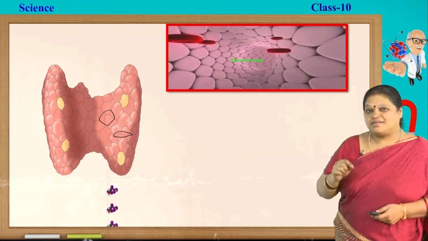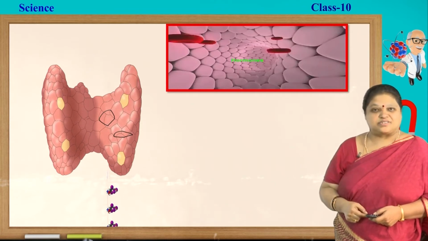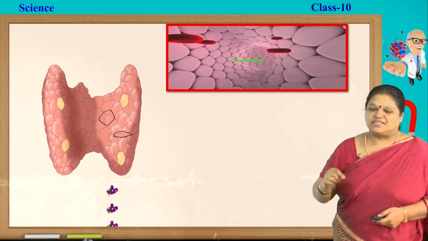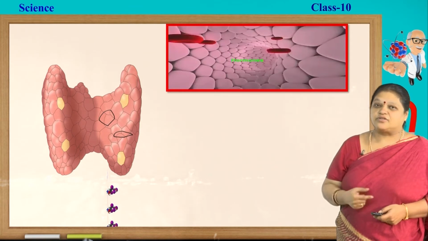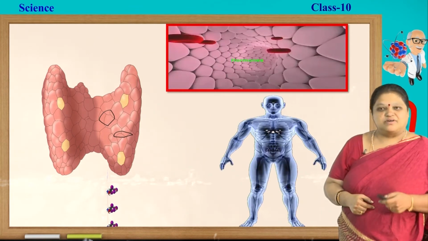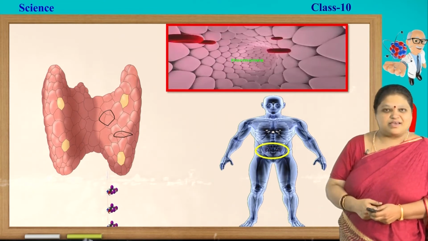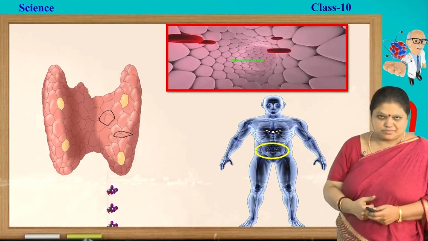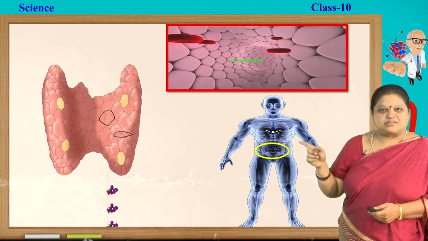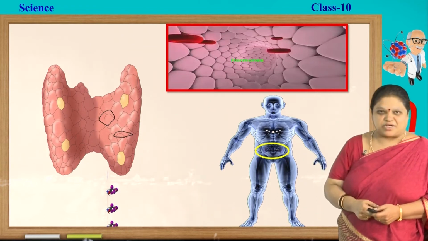The blood is the most important transport system which carries these hormones. So, where should it work? It works in specified parts. In this picture, let us say I have taken the stomach. Here the target organ is the stomach.